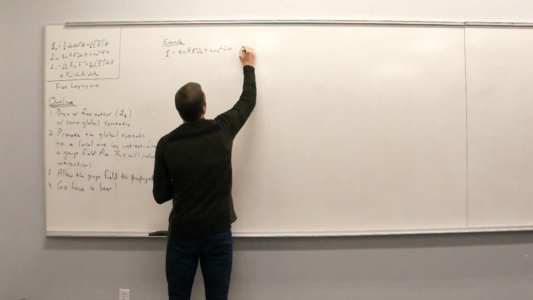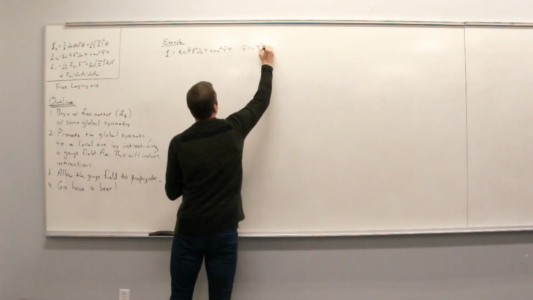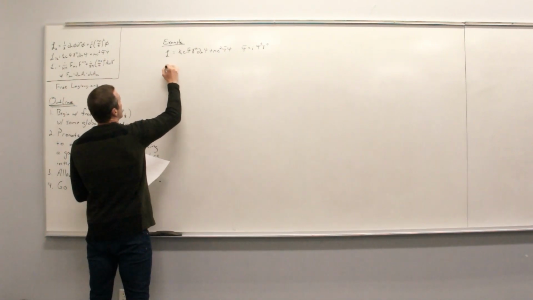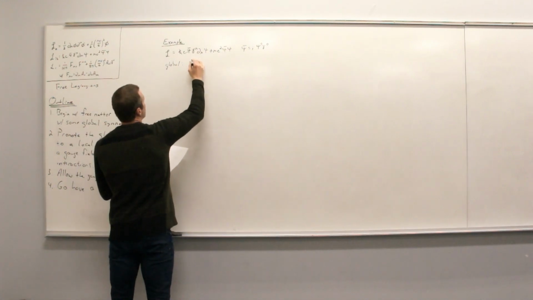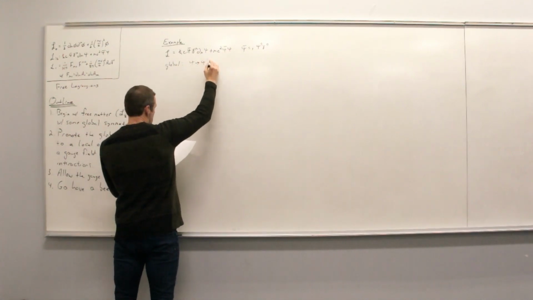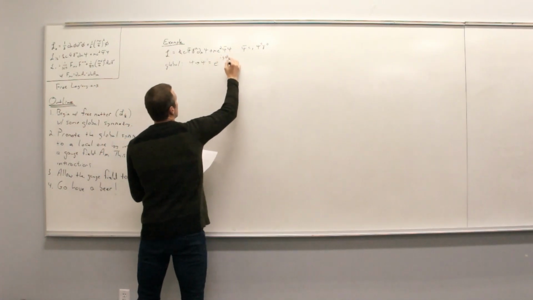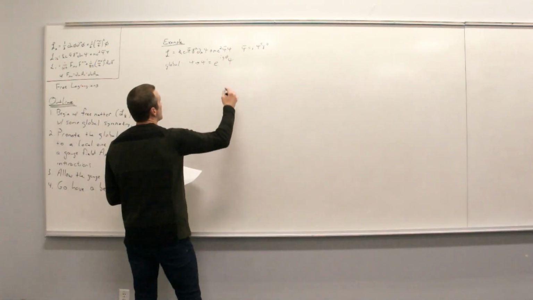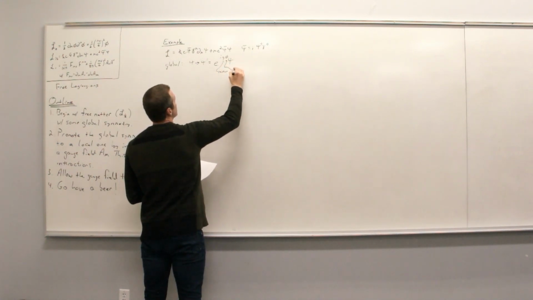So first of all, remember that psi bar is defined as i psi dagger gamma 0. All right? And then the global symmetry that we're going to explore is psi goes to psi prime, which is going to be a complex exponential times psi, where q is a constant and phi is a constant.